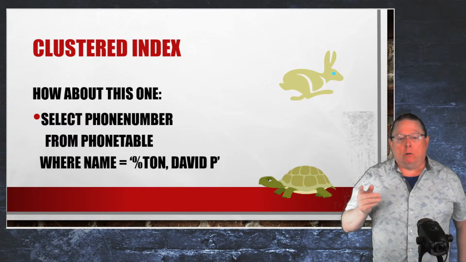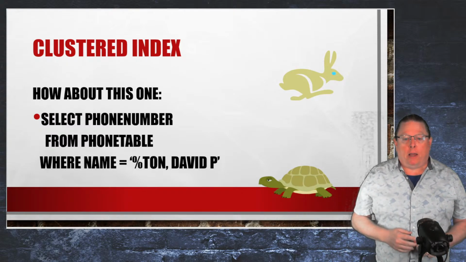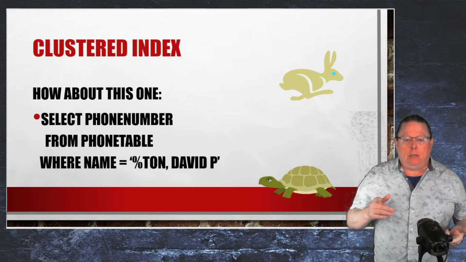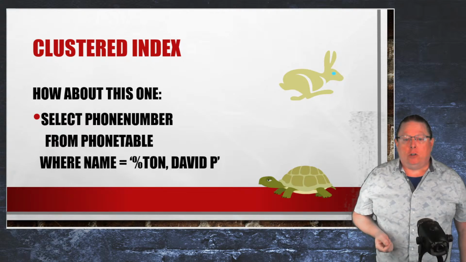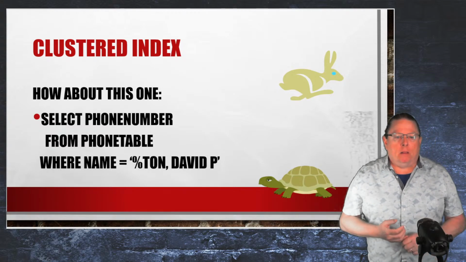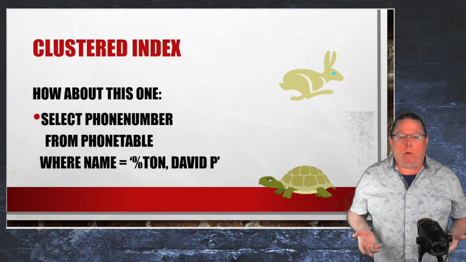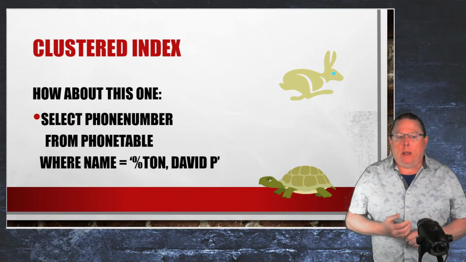Now, if the wildcard was on the end and you were searching for like Hamilton, comma D wildcard instead of David, it could get there quickly just like the original one could, because it has the details it needs to go through that clustered index and find it. Now, let's say all you've got is the clustered index and we want to search on just one name.